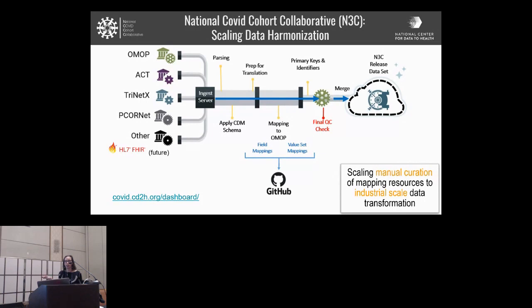And I should mention that these are unconsented EHR data from these clinical centers. And so we needed to find a way to scale all of this, the promise of all these mappings. So these are very inconsistent common data models, as I mentioned earlier in the talk about mapping schema and values.